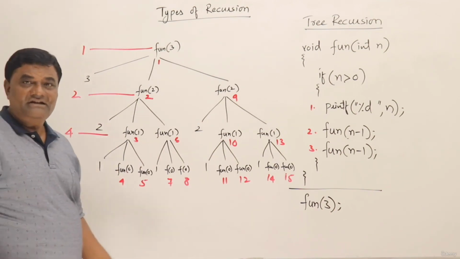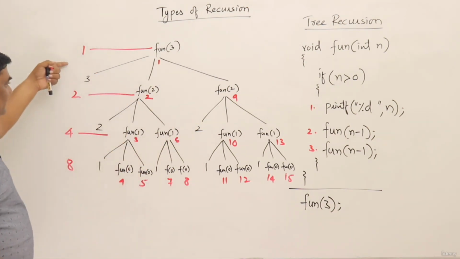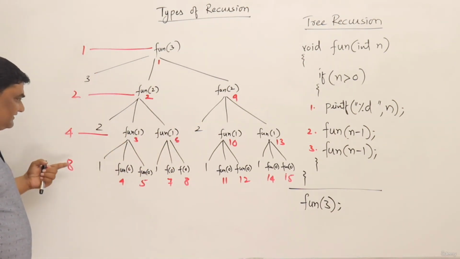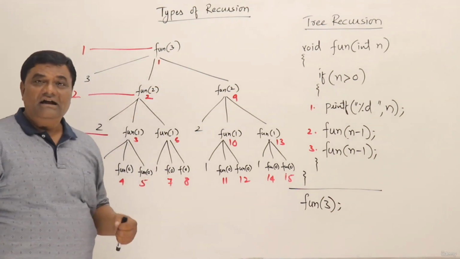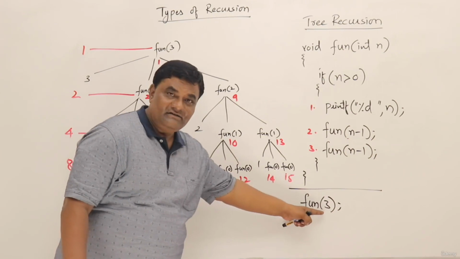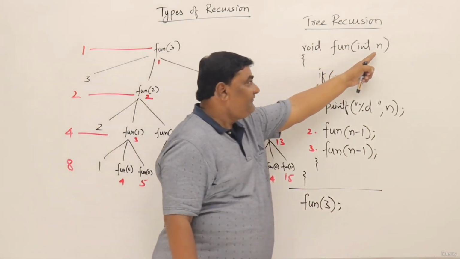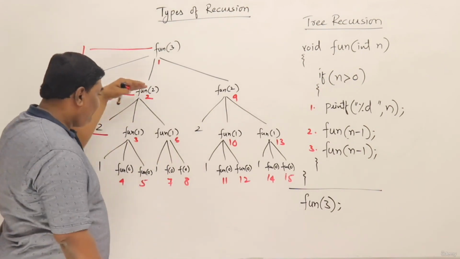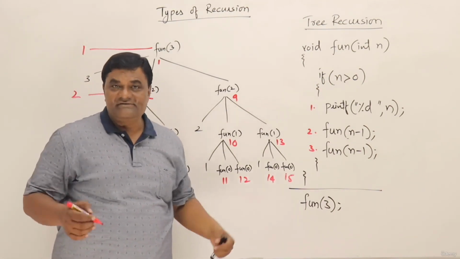So it means when I have passed the value as 3, then in the first level 1 call, next level 2 calls, next 4, then next 8. For 3 there are 4 levels. And if the value of n that I am passing here is 4, then there will be 5 levels. It means the tree will be bigger than this one.